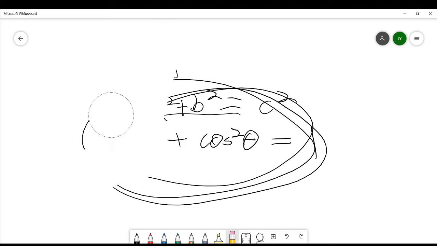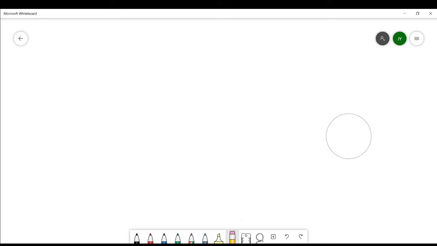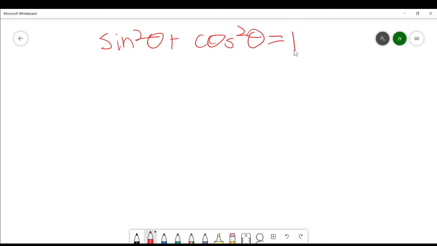All right. Applying what we learned earlier with secants, cosecants, and cotangents being reciprocals, we can see it here. So sine squared theta plus cosine squared theta equals 1.